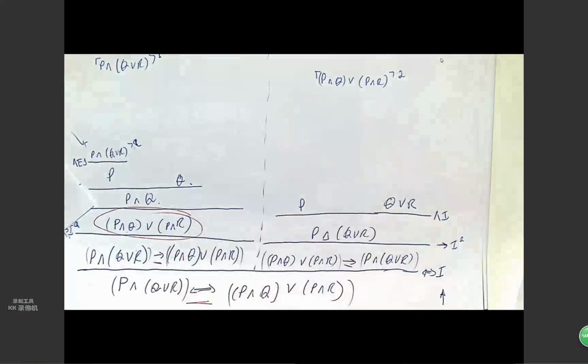I could apply OR introduction on either side, and that would lead to the same problem as before. So when you apply disjunction introduction, you need to be very careful. And I'll talk about rules of thumb here. These slides actually have certain heuristics at the end. Right, so we have two goals to deal with, and they both talk about P, they both talk about Q and R, so we are in good shape.